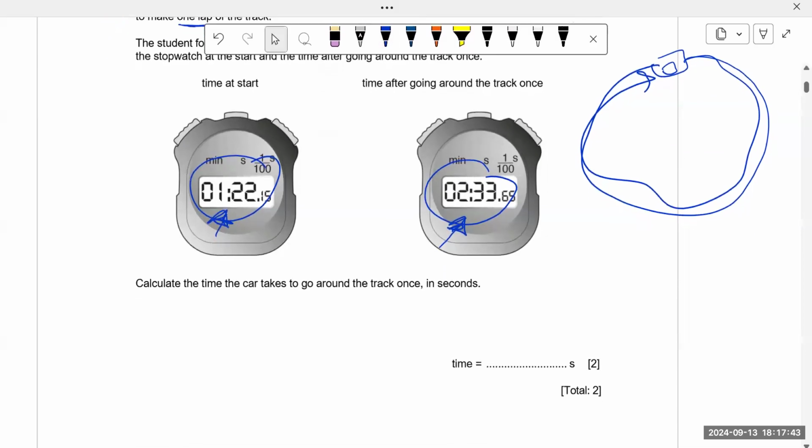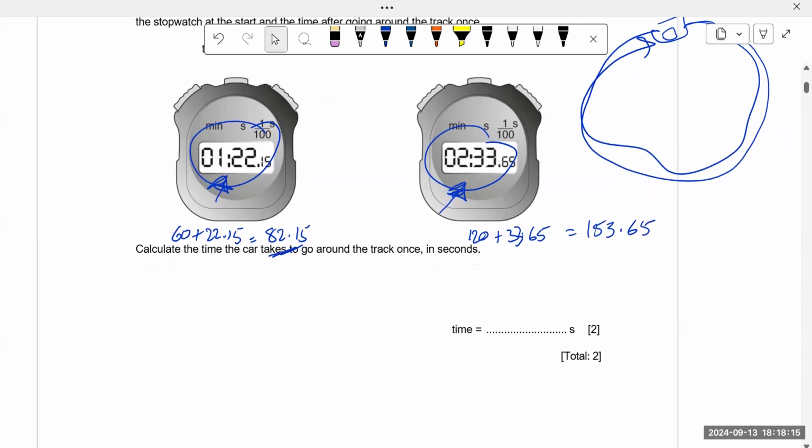Okay. طيب to subtract I have to convert minutes and seconds to only seconds. Okay, so I have 1 minute and 22.15 seconds. So 1 minute is 60 seconds plus 22.15 is 82.15. This is the first time. And the other one is 2 minutes is 120 seconds plus 33.65, which is equal to 153.65.